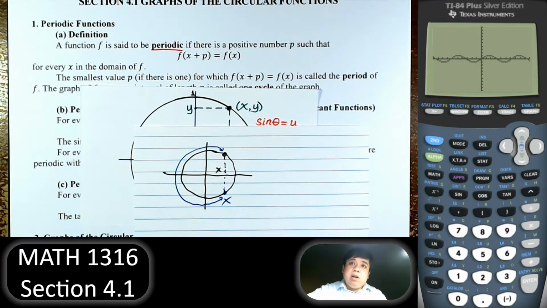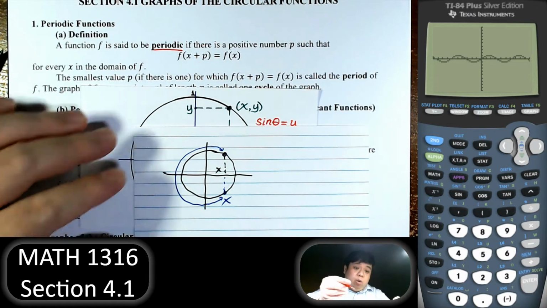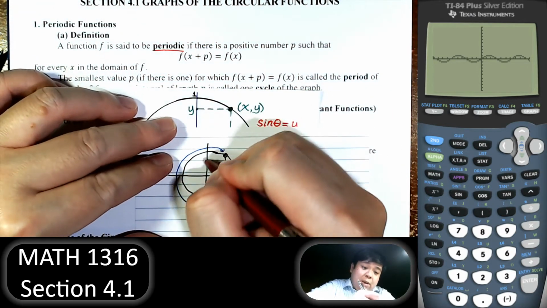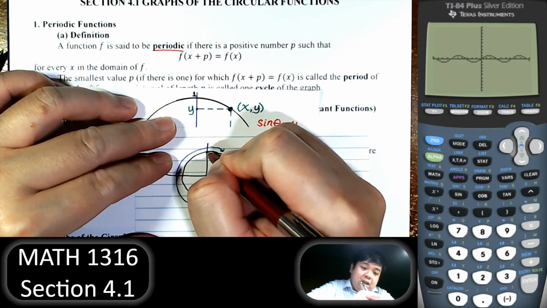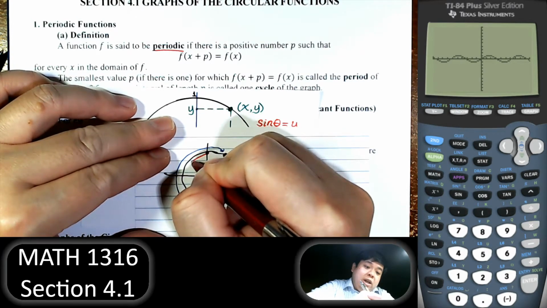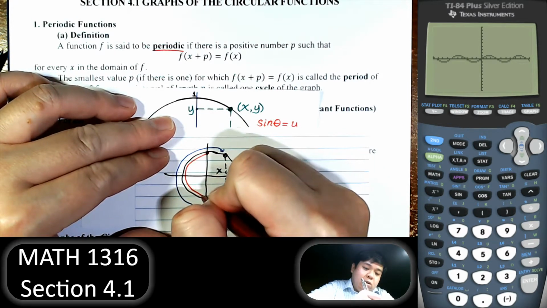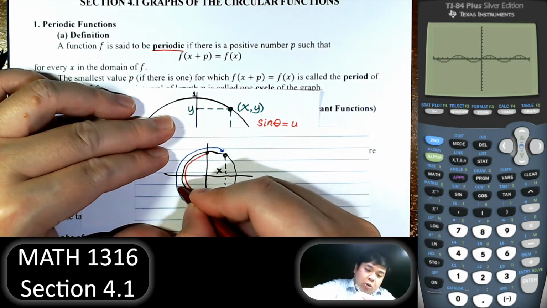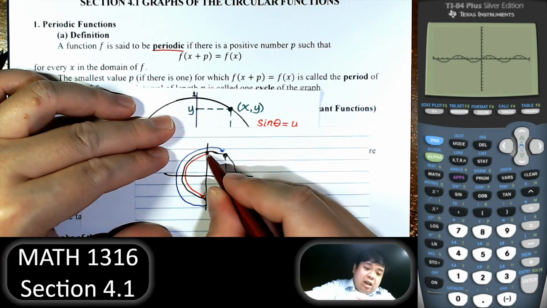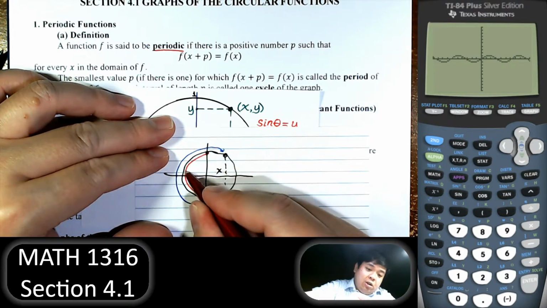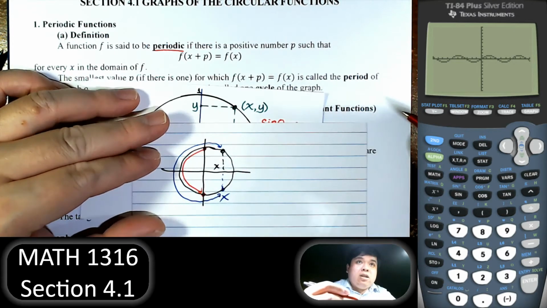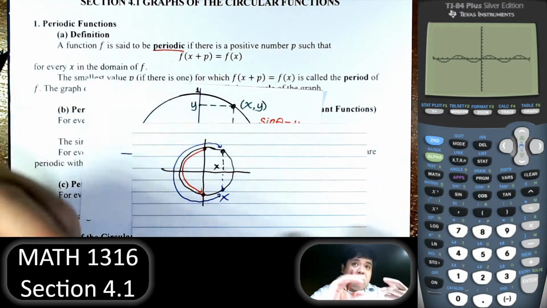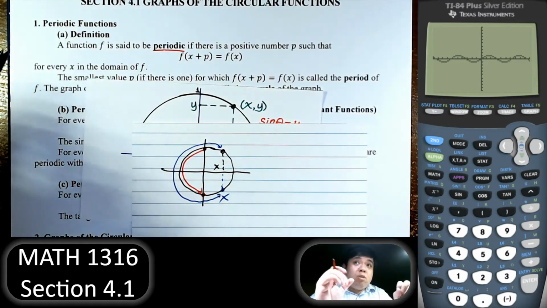Remember, the period has to be constant, and that will be a lot more different x values. For example, if the x value is here, which is equal to 0, we only need to go half a circle to get the same x value. Of course, the distance we have to go around to get back to the same x is different than this distance, so because those numbers are not the same, it cannot be the period.